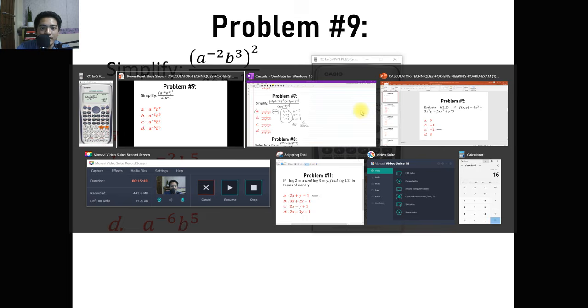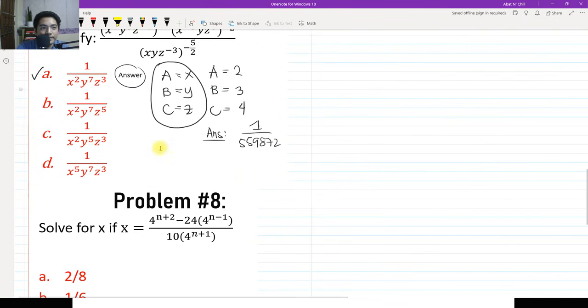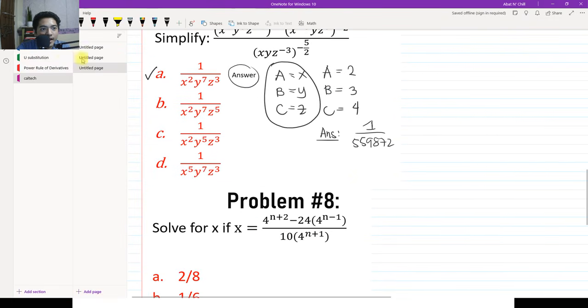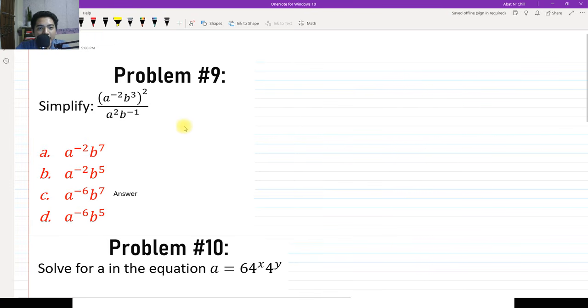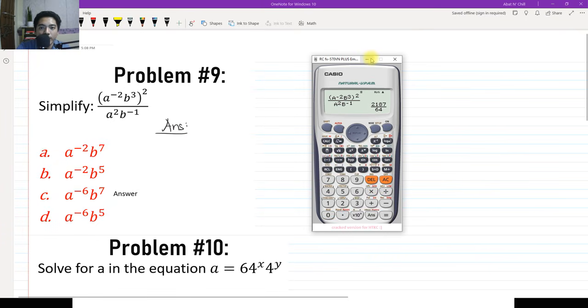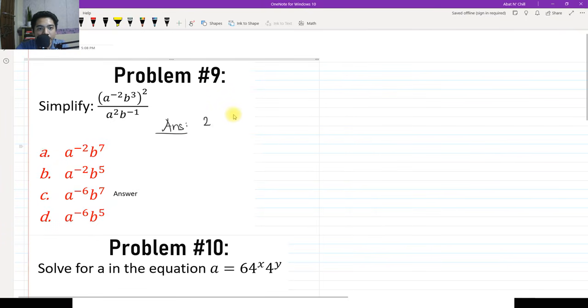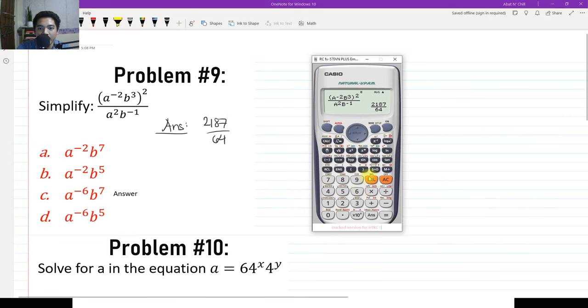So this is problem 9. Our answer from our calculator would be 2187 over 64. Again, you can store this into the value of x.